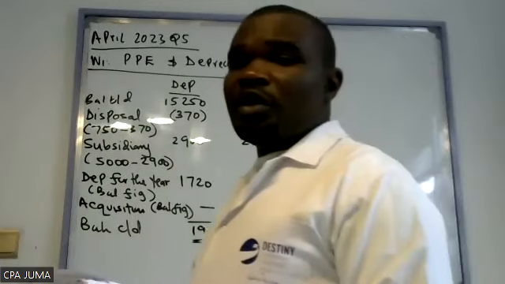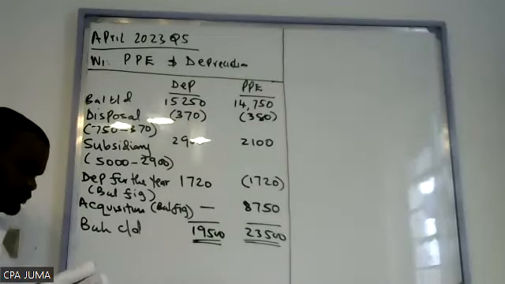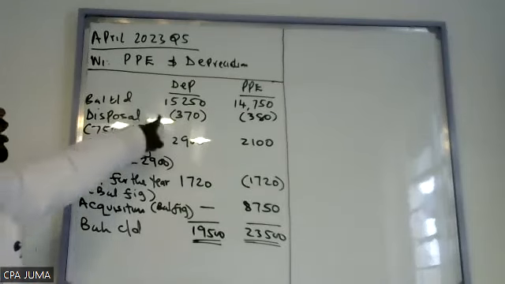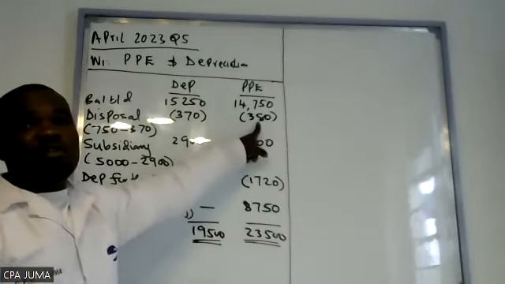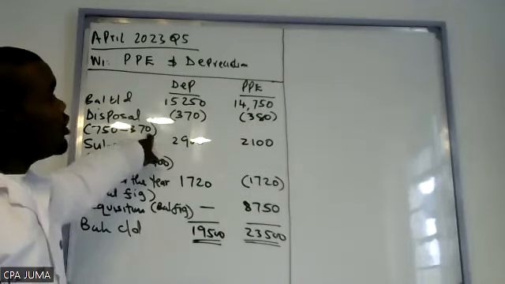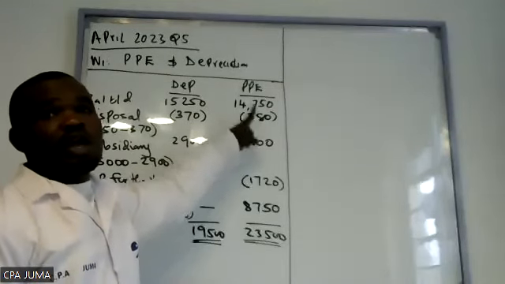So let's check whether we gained or we lost. This asset which was disposed, its net book value is this one here, the 380. Net book value is cost minus the depreciation. So the net book value of the asset disposed was 380.